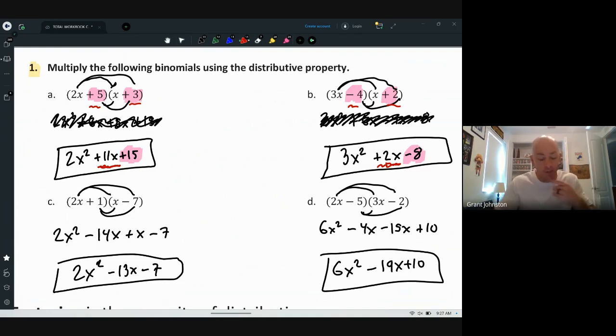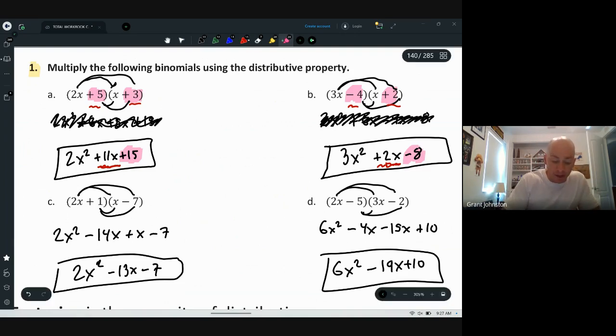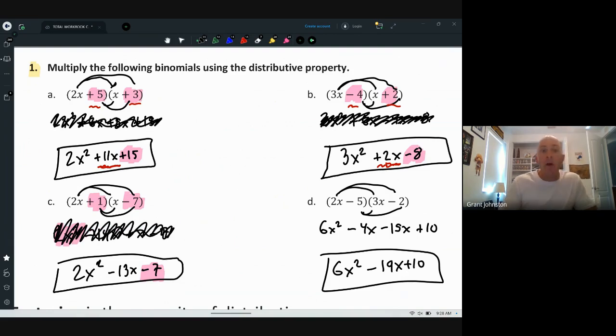That's not a relationship there. Even here, I'm just crossing this out so it's a little more clear as I explain. The 1 times the negative 7 is negative 7, but 1 plus negative 7 doesn't equal that negative 13 middle term.